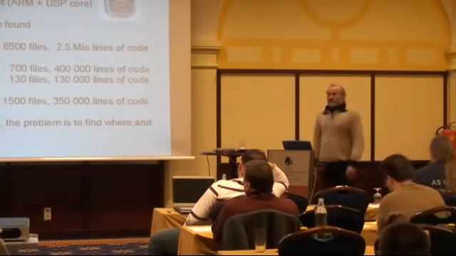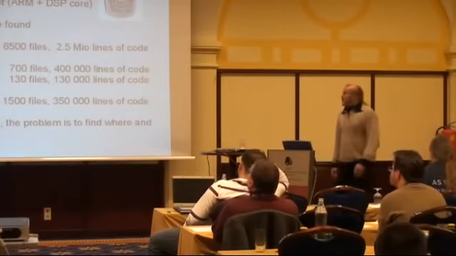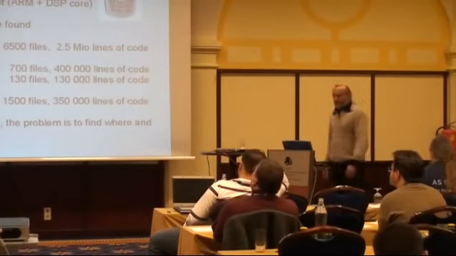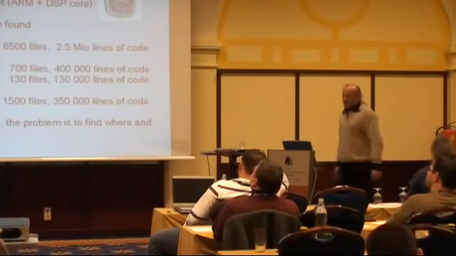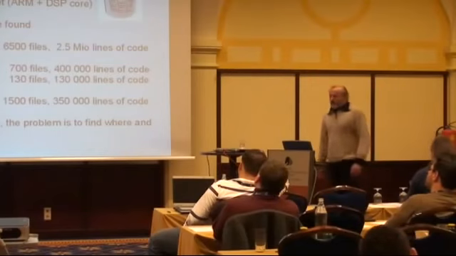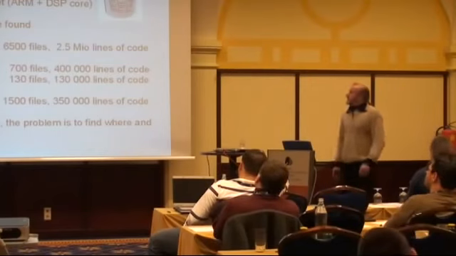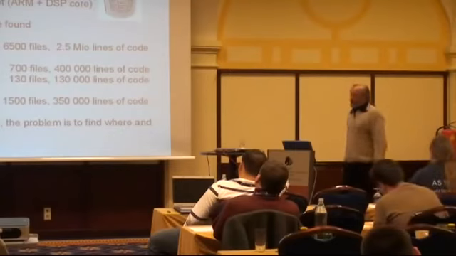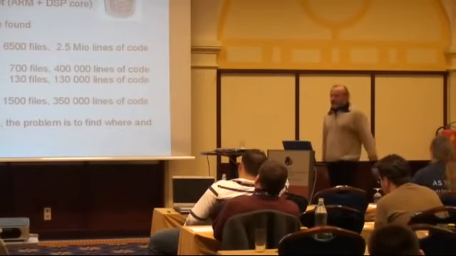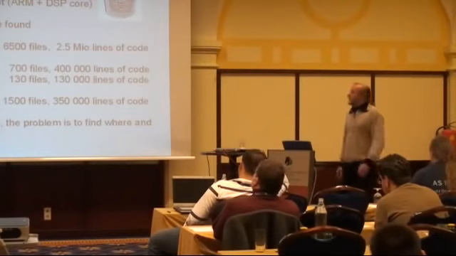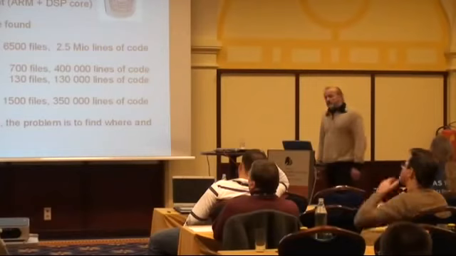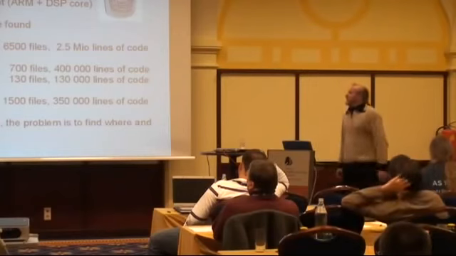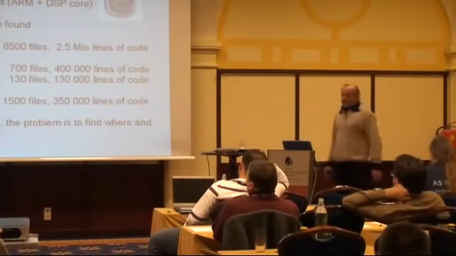The firmware for this phone can be found. You just have to search for it, you will find it. To give you an impression of the complexity of such a phone firmware, the complete source code for the Calypso ARM, just the ARM processor, is about 2.5 million lines of code. From this 2.5 million lines of code, the GSM protocol stack is about 400,000 lines of code, and layer 1 is 130,000 lines of code.